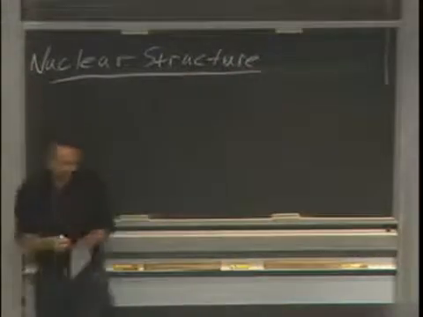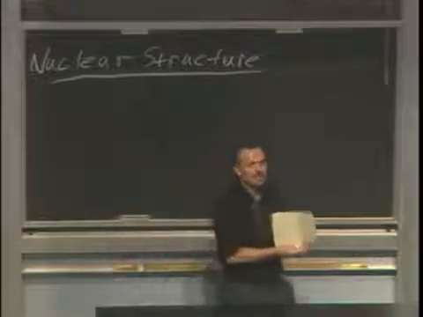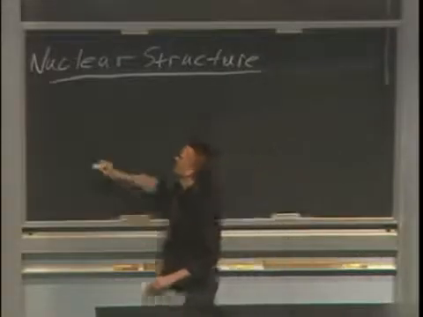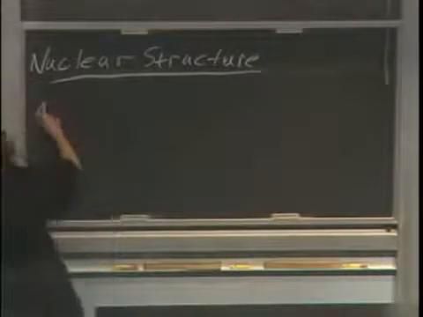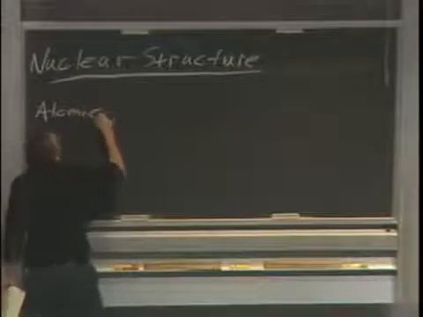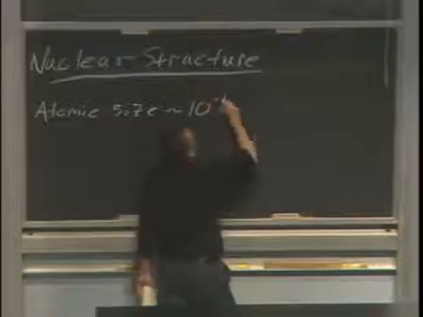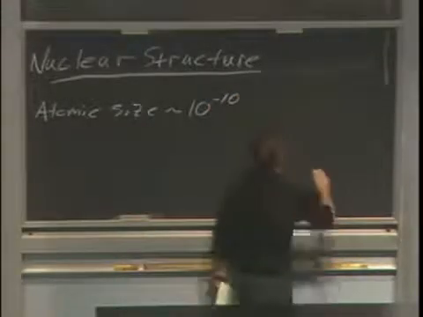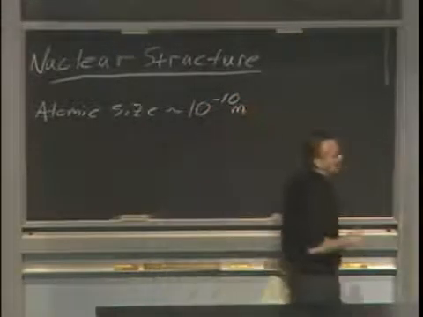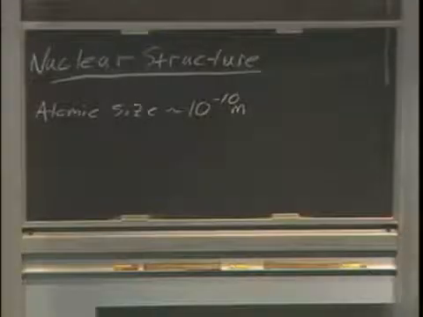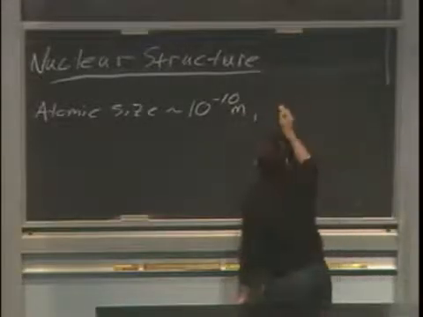Remember that the typical size of an atom, which is set by the electrons, is on the order of 10 to the minus 10th meters, which we call an angstrom. And that is set by the electron orbits.